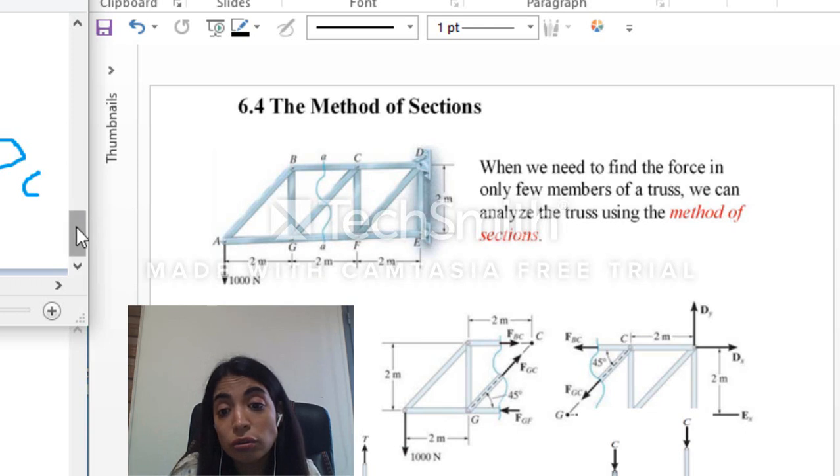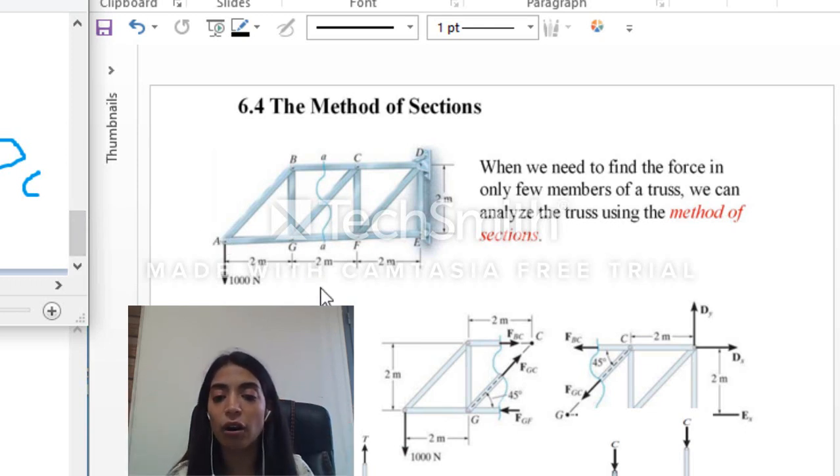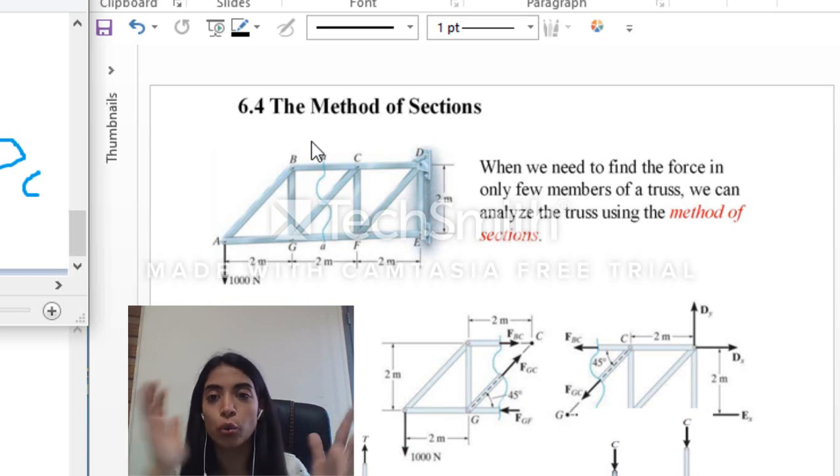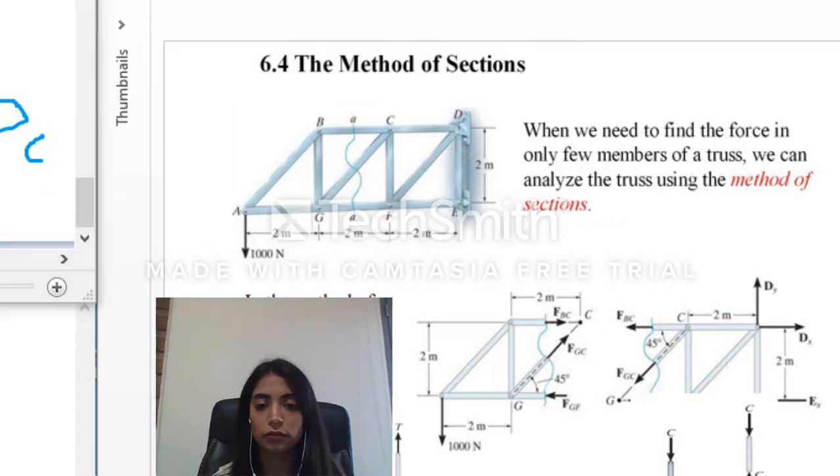So what I should do is take a cut AA on these three members, separate these two parts, the left and right, and then comes the decision of which part I should work on. Is it the left part or the right part? How to decide?